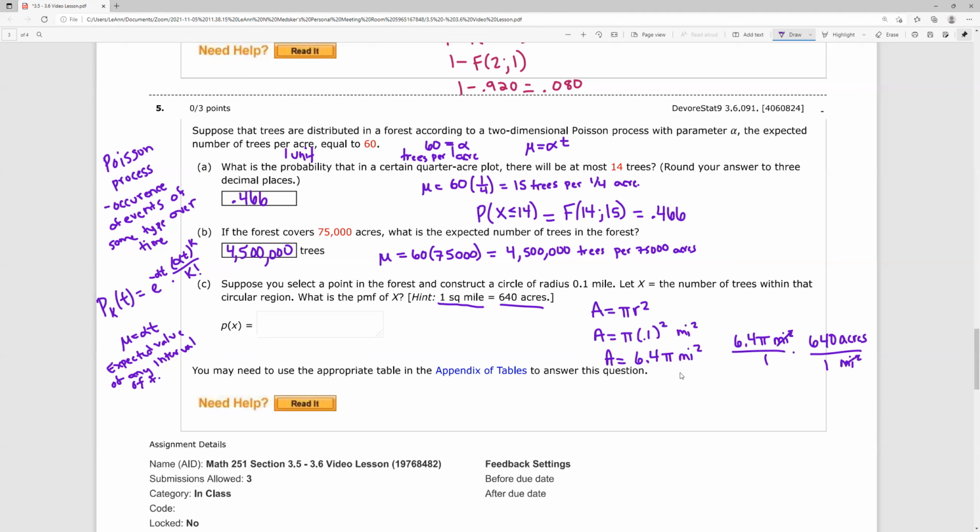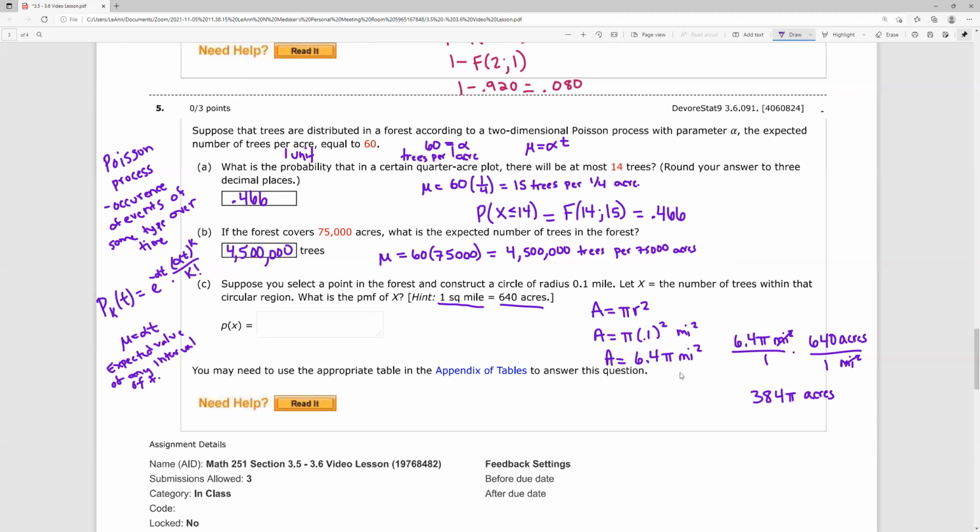So we're going to be multiplying 6.4 pi times 640, and we're going to leave the pi alone. We're trying to get an exact answer. So 640 times 6.4 is 384 pi acres.